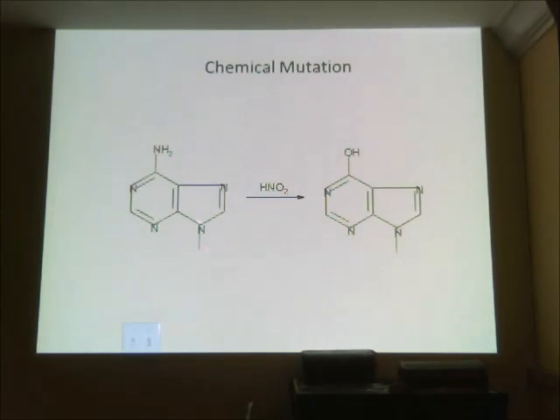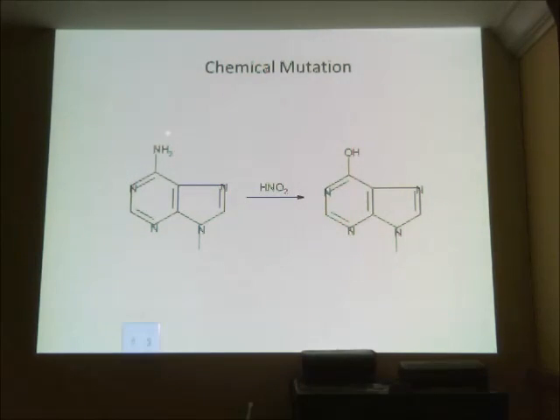When adenine is exposed to nitrous acid, not nitrous oxide, it undergoes a chemical reaction called diazotization, and ultimately the amino group, the NH2, is transformed to an OH group, a hydroxy group. So it's no longer adenine, it's now a non-natural base called hypoxanthine.